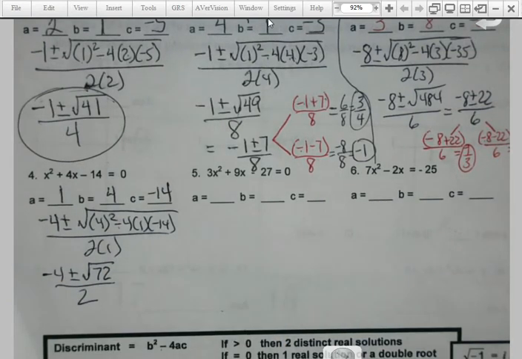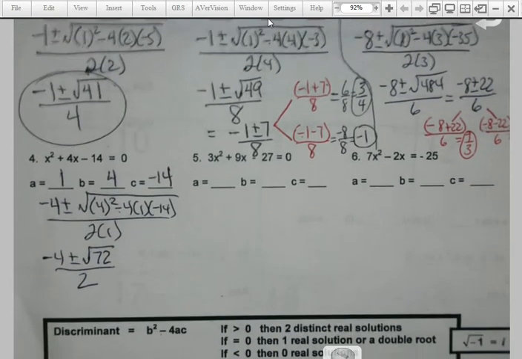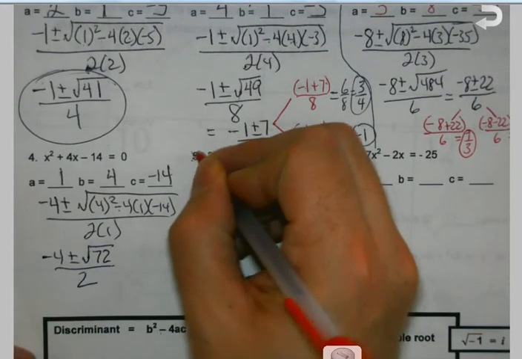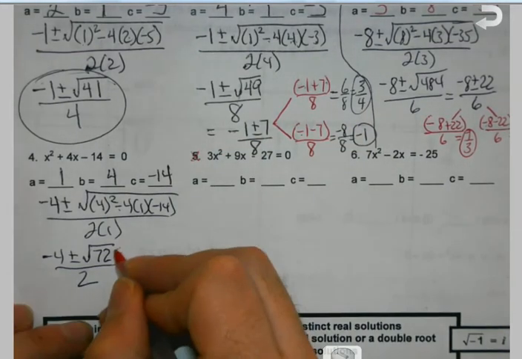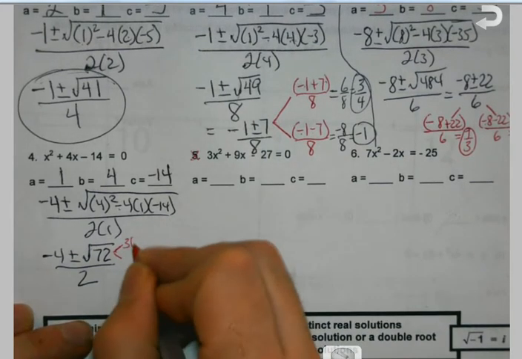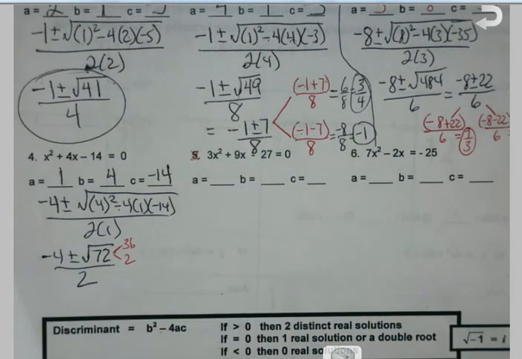Here's a first. This is the one I've been waiting for. Now this time you look at it, 72 is not a perfect square, but 72 can break down. So what does 72 break down into? 36 and 2. Now if you would have done 9 and 8, that's okay, but you're going to have to break it down twice.